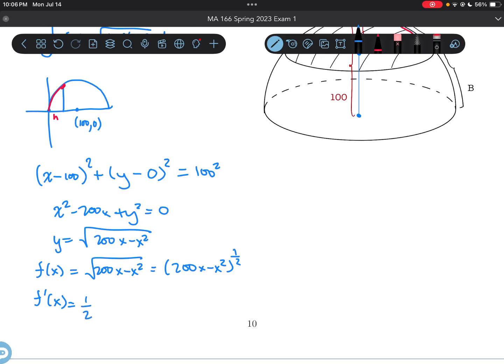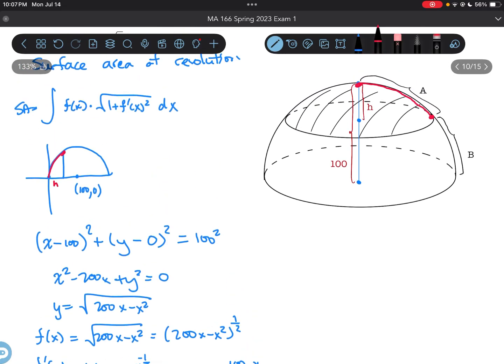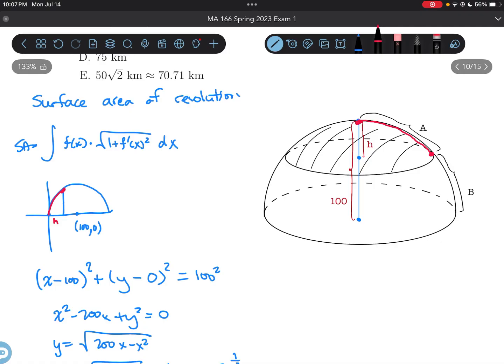I get 1/2 of 200x minus x squared to the power of negative 1/2, and I need to take the derivative of the inside portion, which is 200 minus 2x. All in all, this simplifies to 100 minus x over the square root of 200x minus x squared. Now all I have to do is plug in f of x and f prime of x into the formula.